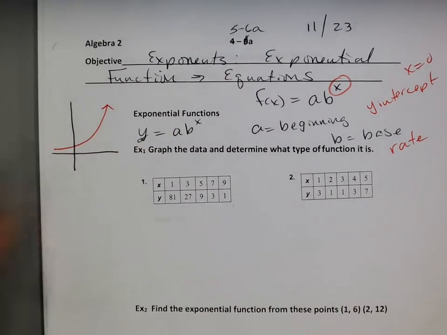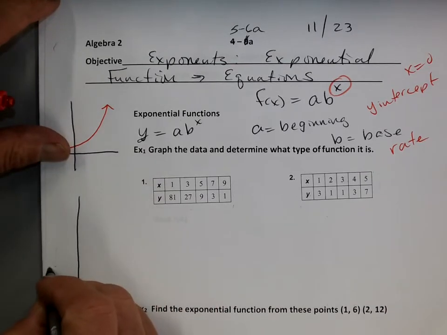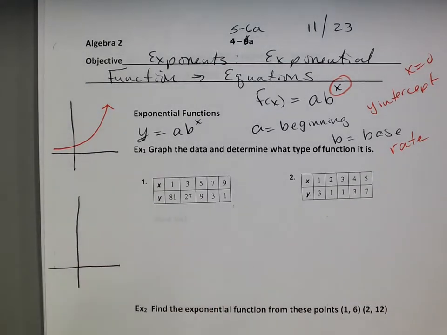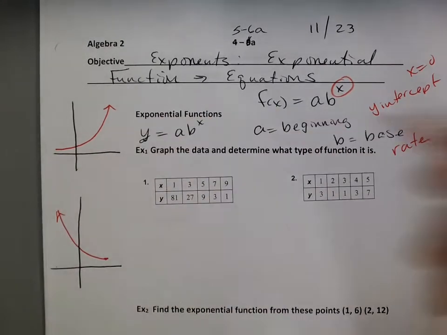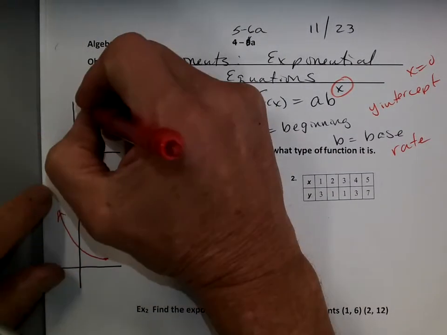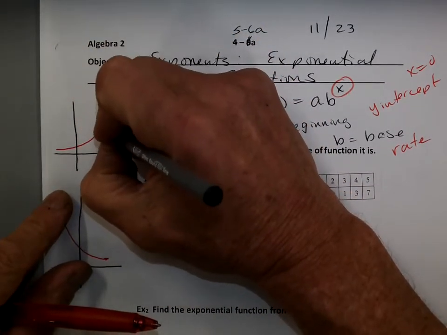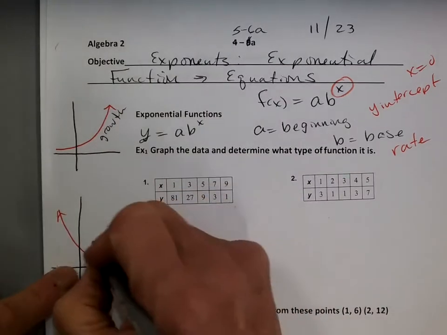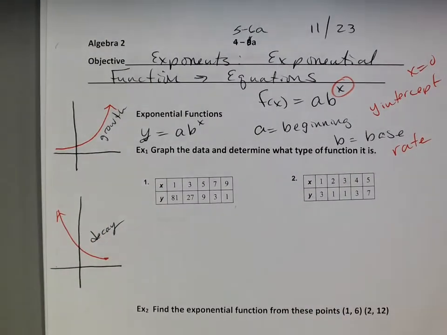And then we've also seen just the opposite. If it looks like this, it's exponential decay, but it's still exponential. This is going to be exponential growth, and this is going to be exponential decay.